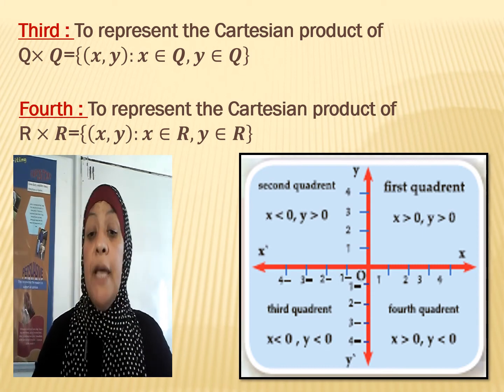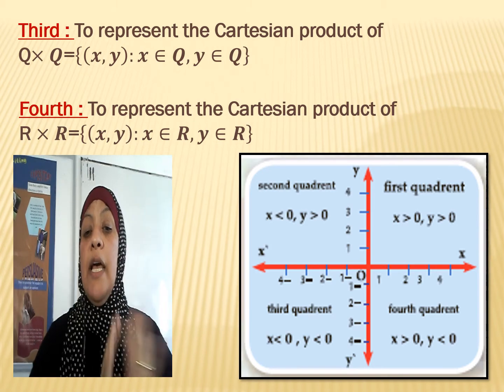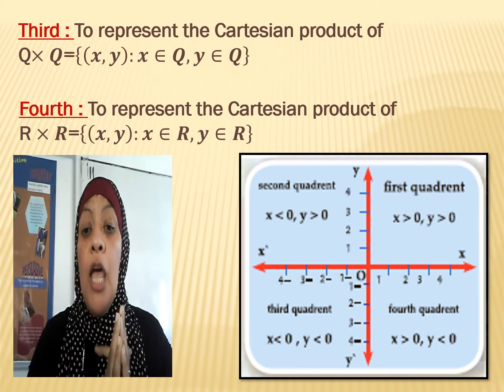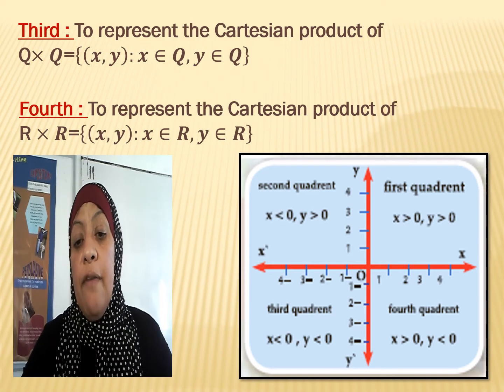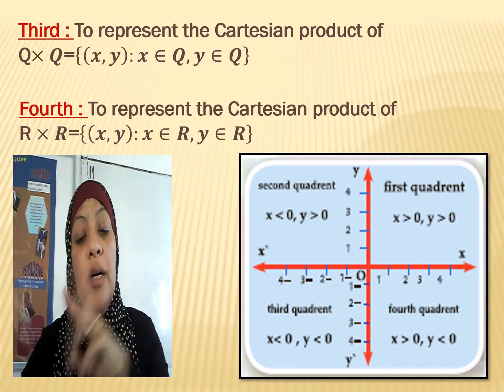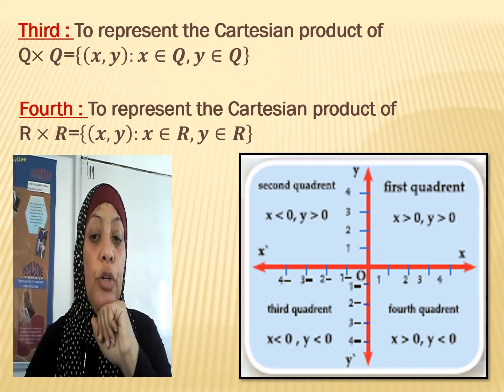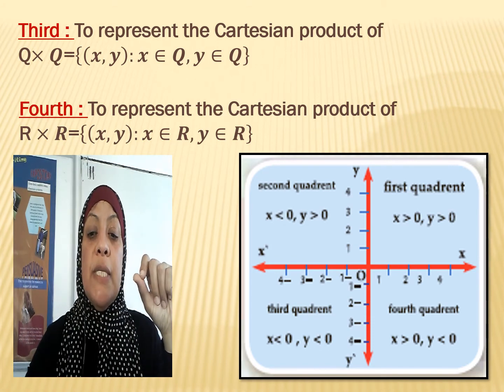Look at the Cartesian plane here. What do you notice? For example, the two axes divide my plane into four quadrants. We start to count the quadrants from this direction.